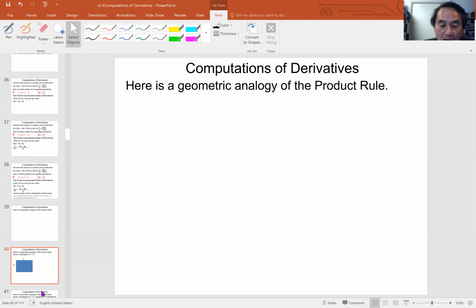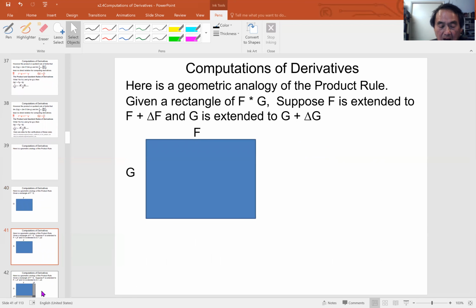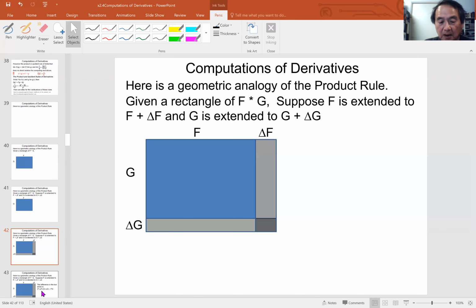Basically, this is what the geometry of the product rule says. It's related to a rate of growth. Suppose I grow the side of a rectangle f by a little bit, delta f, and grow the length of the rectangle a little, delta g. How much does the rectangle itself grow? That's the shaded part in gray.